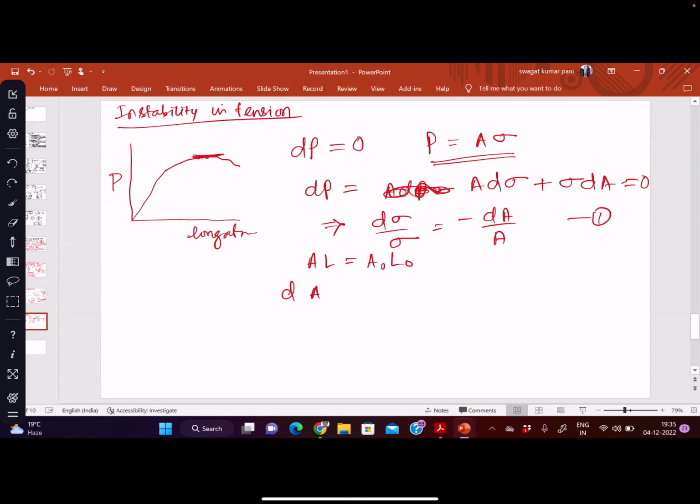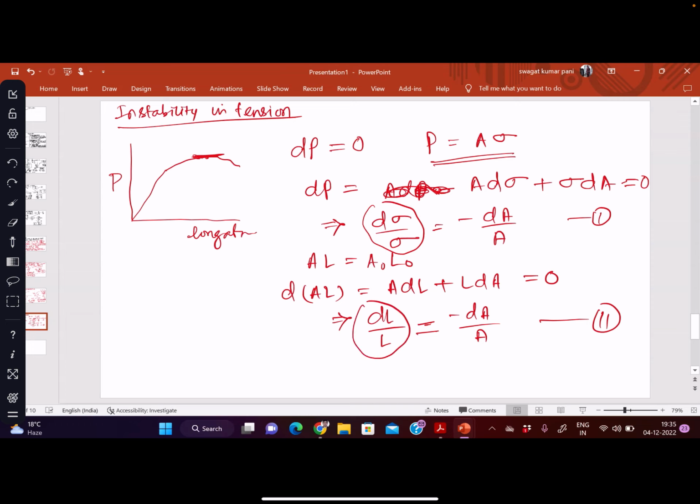If we differentiate this, what do we get from these two relations? d sigma by sigma equals dL by L. So what we get is d sigma by sigma equal to dL by L.